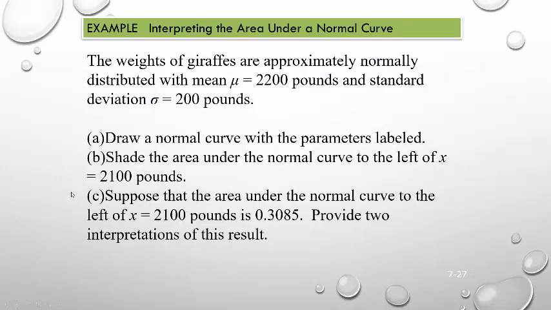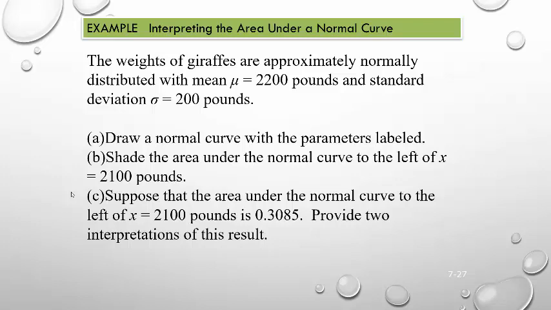We won't use the height of males, we'll do a different one. It might seem a little silly, but suppose the weights of giraffes are approximately normally distributed, with giraffes weighing on average 2,200 pounds, that's a lot, and a standard deviation of 200 pounds. Here's what I want to do. A, I want to draw a normal curve with the parameters labeled, counting off standard deviations.